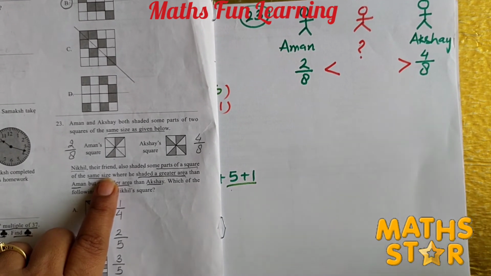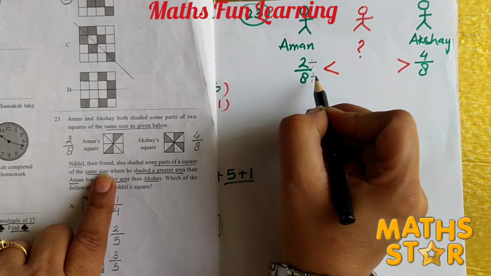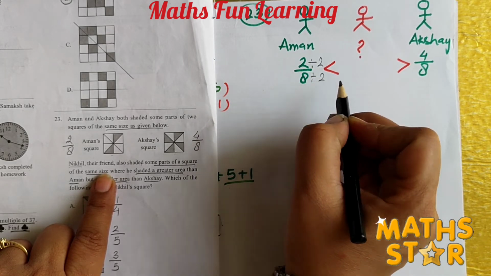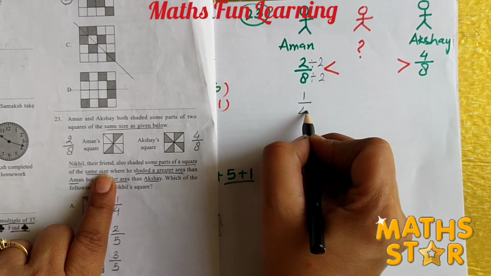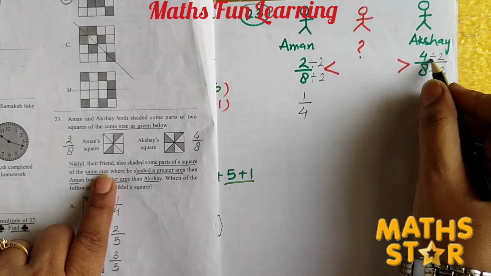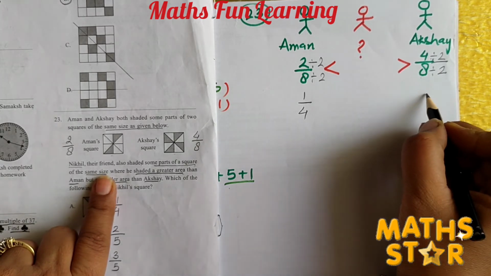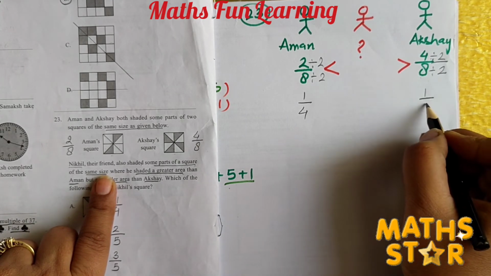Now do one thing. Let's divide this by 2. So you will get 1 by 4, divided by 2 in both the numerator and denominator. If the numerator can be divided by 2, the denominator also has to be divided by 2. You will get 2 by 4.